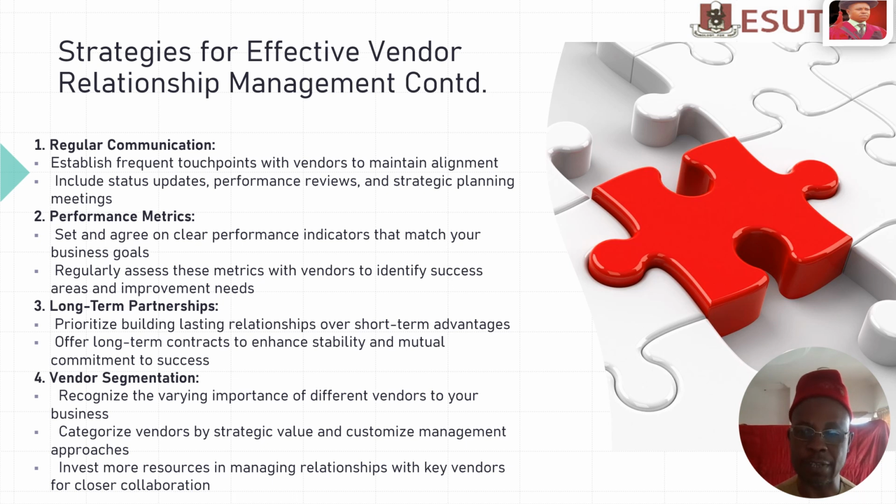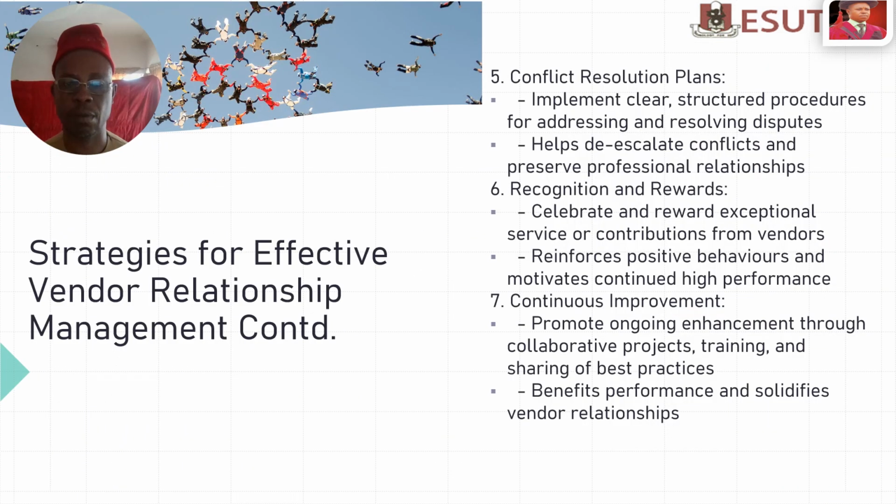Not all vendors are equally critical to the business. Segment vendors based on their strategic importance and tailor management efforts accordingly. More critical vendors may require more intensive interaction and closer collaboration.